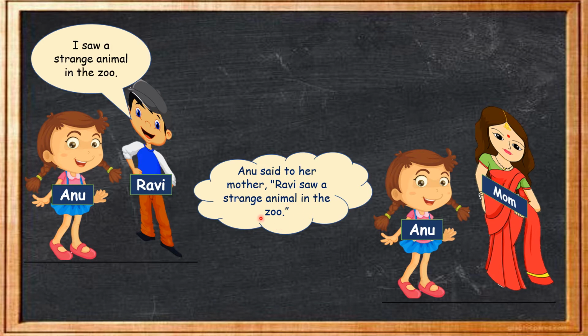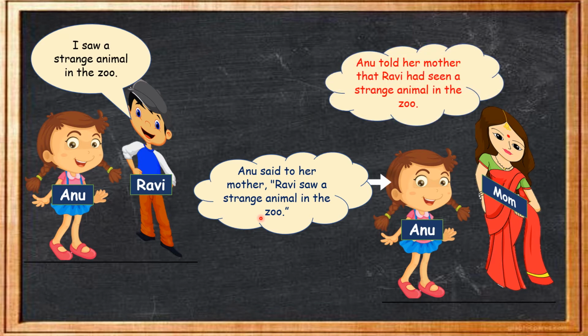Yes, children. So when we quote exact words, what is that? That is direct speech. Okay. Now, the other way is Anu told her mother that Ravi had seen a strange animal in the zoo. What is the other way, children? In her own words.